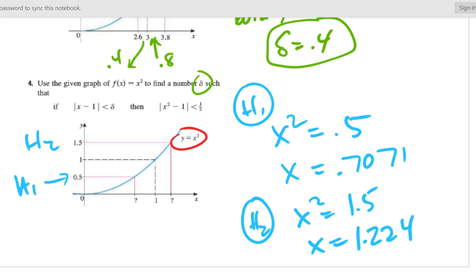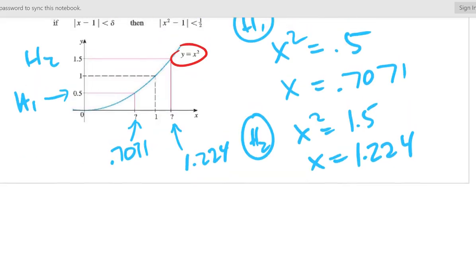So essentially what that means is that here, this is 1.224, and here on the left of 1, this is 0.7071. So what is the smaller of the two distances from 1? 1 minus 0.7071 is equal to 0.2929.